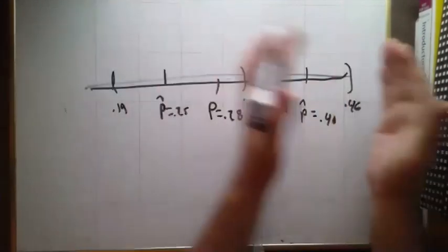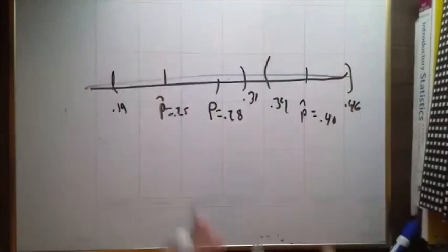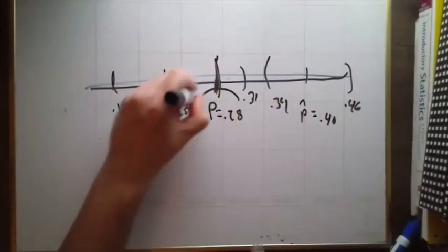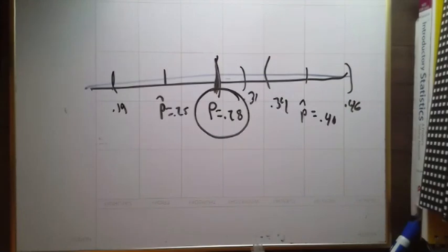And we keep doing this over and over again. 95% of the time, our interval would actually contain the real number, which is what it is we're trying to estimate. So that's what we mean by 95% confidence.